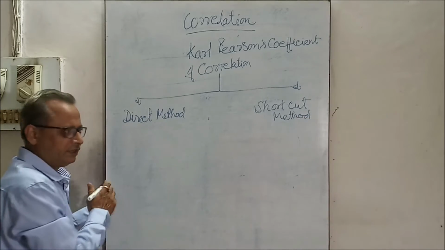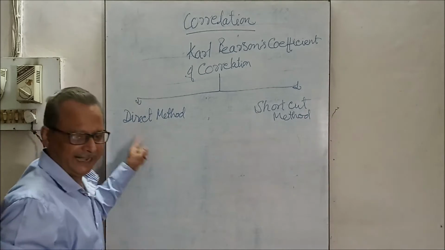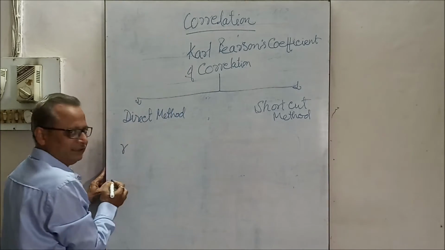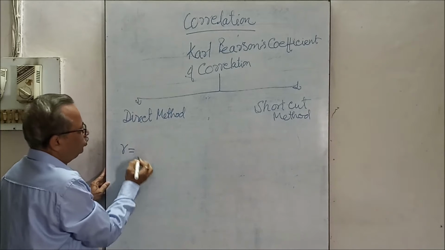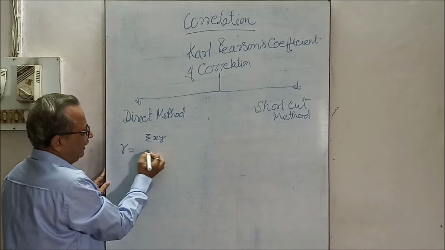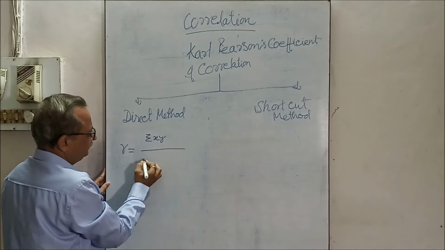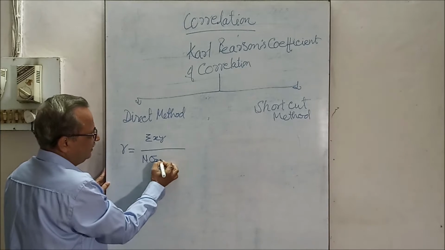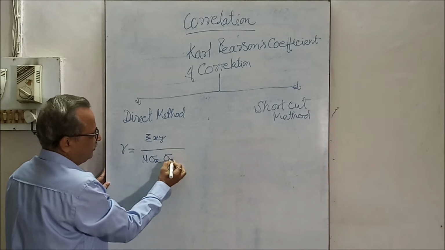The formula used in the direct method: correlation, denoted by small r, is equal to sigma xy upon n times the standard deviation of x and the standard deviation of y.